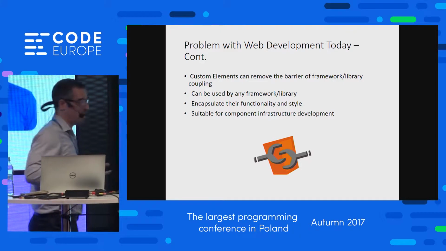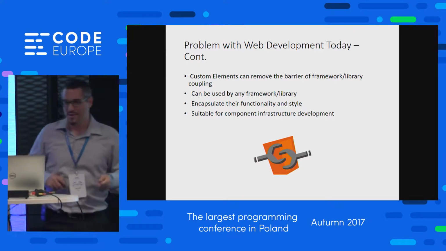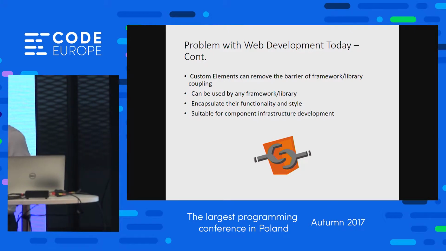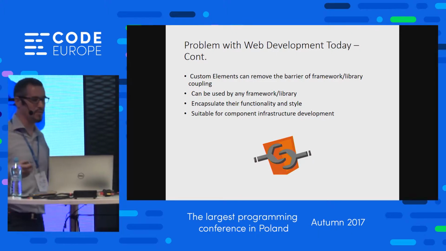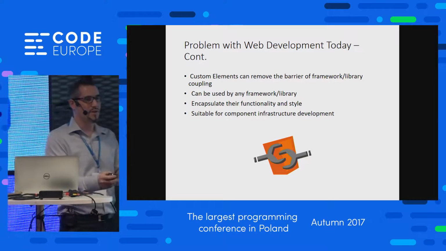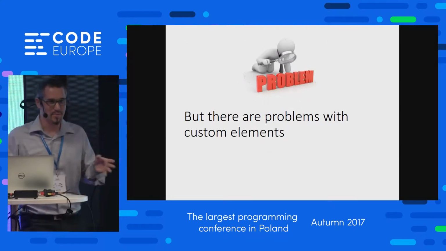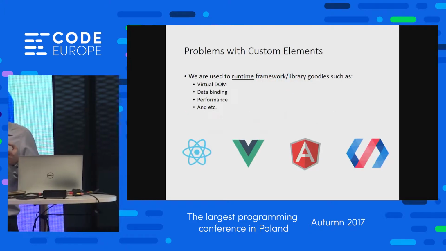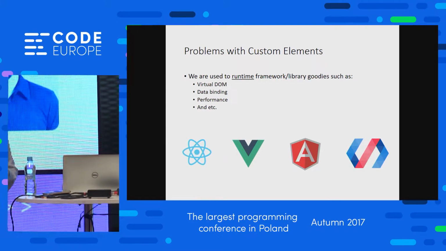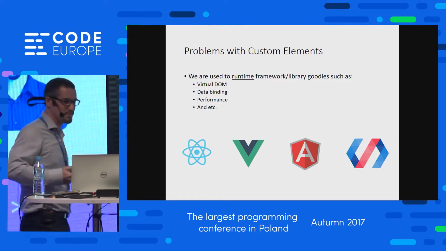But we have problems with custom elements. First problem, we are so hooked and used to runtime frameworks like Angular or React or Polymer that give you virtual DOM and data binding and good performance, or bad performance, depending on how you write the application, okay? And that's cool, but custom elements do not have these things inside of them.